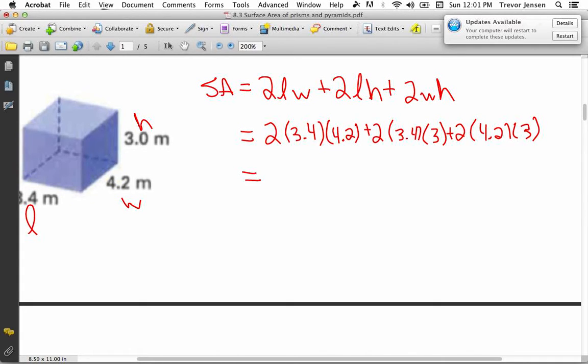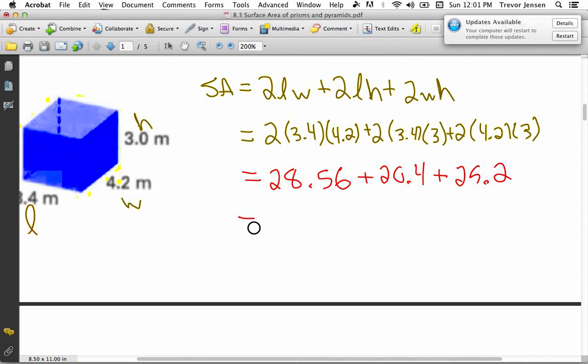So I'm going to have 2 times 3.4 times 4.2, okay, 28.56. I won't round yet. I'll round when I get to my final answer to make sure it's as accurate as possible. Plus 2 times 3.4 times 3, I get 20.4. Plus 2 times 4.2 times 3. I get 25.2.